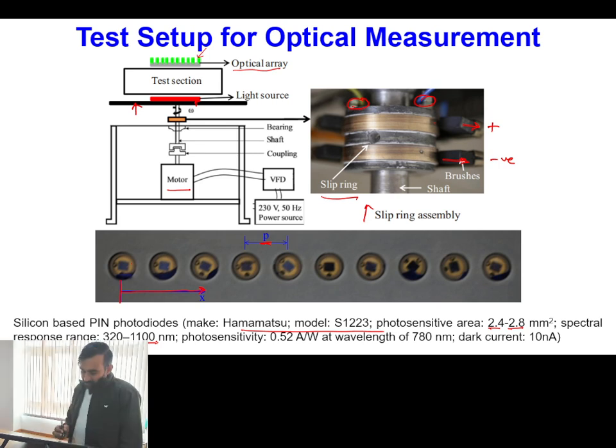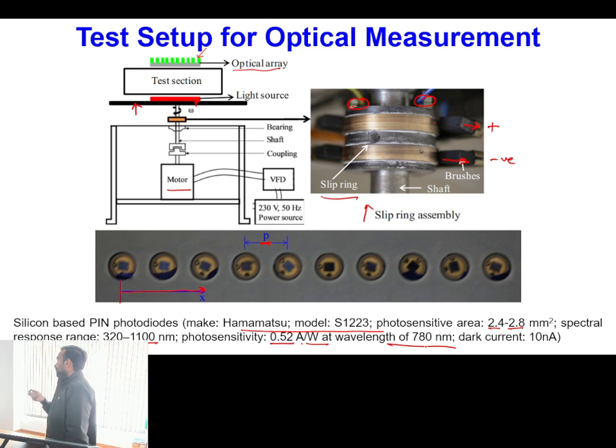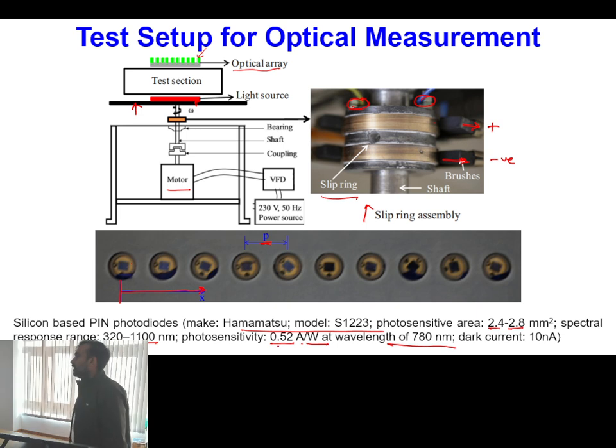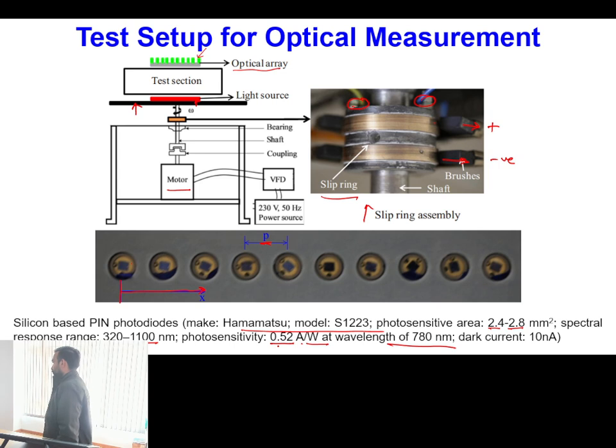The photosensitivity of the photodiode is 0.52 amperes per watt at a wavelength of 780 nanometers. So it means a 1 watt change in the intensity of the light source will change your current value by 0.52 amperes.